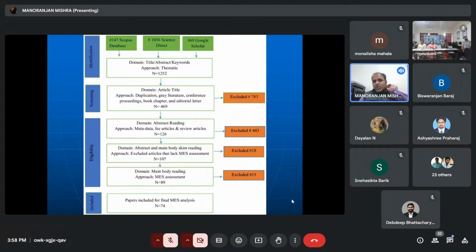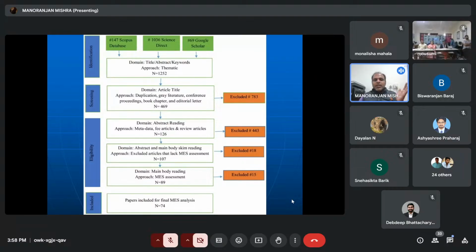Try to understand: we get a thousand-something bibliometric records. From there, I am using a guideline or protocol which is already fixed, called PRISMA, whose full form is Preferred Reporting Items for Systematic Review and Meta-Analysis. So we take these 1252 and use a screening approach, excluding 783 articles, leaving 469.